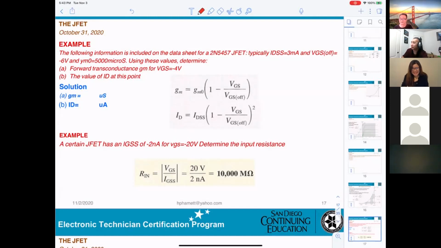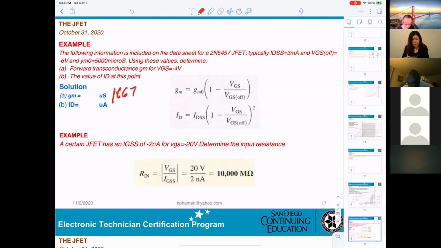I got 167 micro. How come it's quite different? I don't know. I got 166.7 micro. Yeah, me too, I also got the same one. 1667.